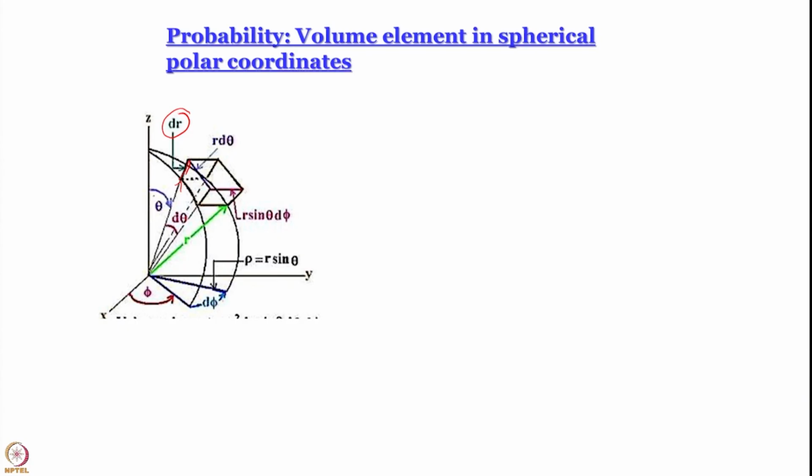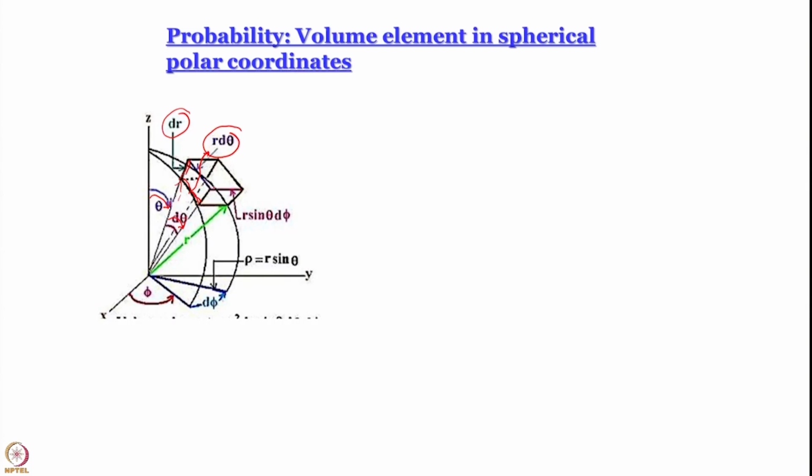So, we increase theta by a small amount d theta. The side that we generate of the volume element is essentially this one. And what is the length of this arc? Well, r multiplied by d theta, right. d theta is a small angle, remember. Since it is a small angle, it is going to be r multiplied by d theta.